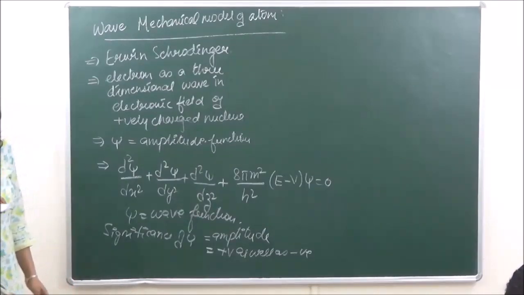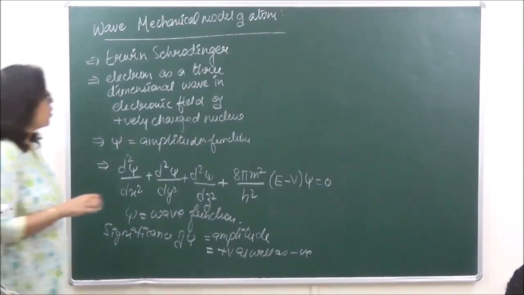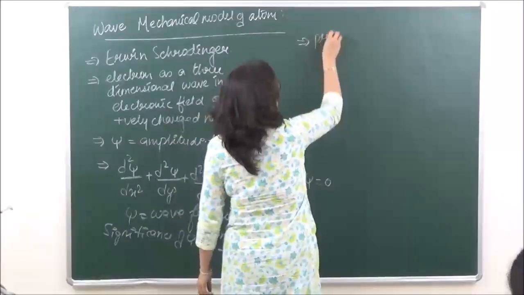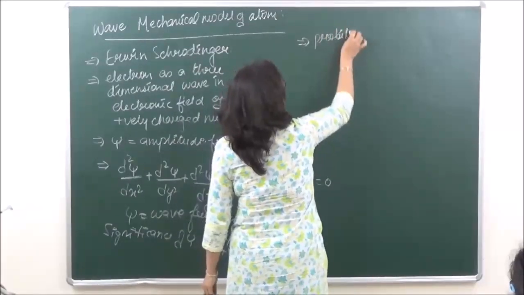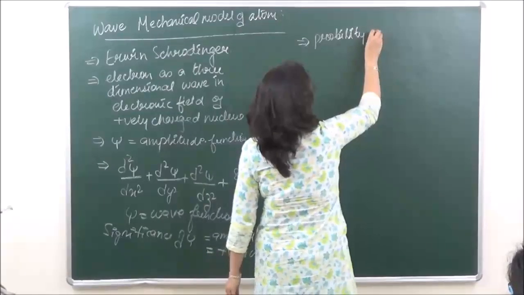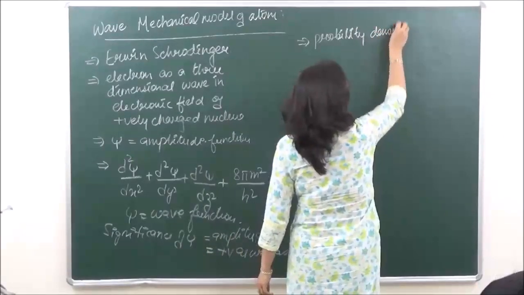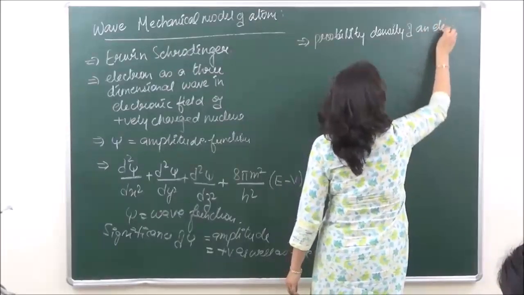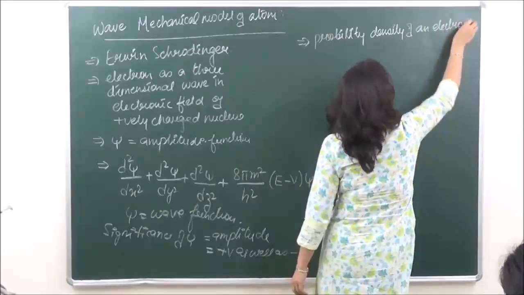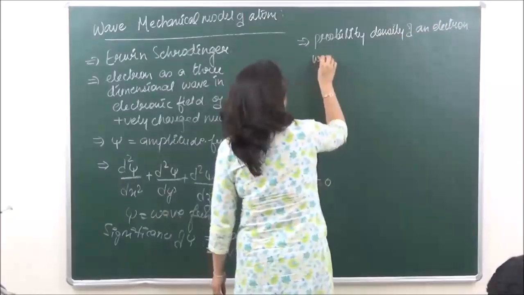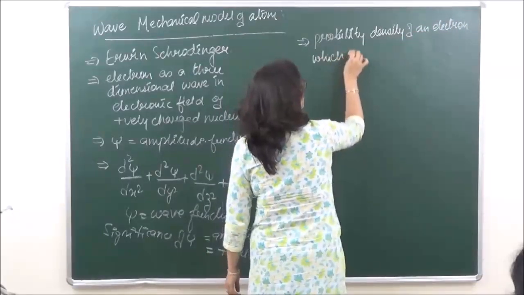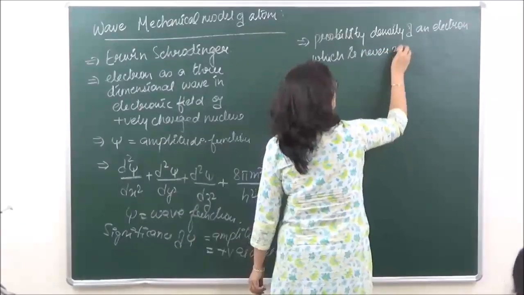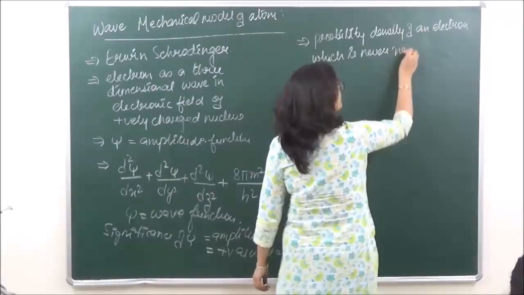But Schrödinger's main aim was to calculate the probability density of an electron, which is never negative.